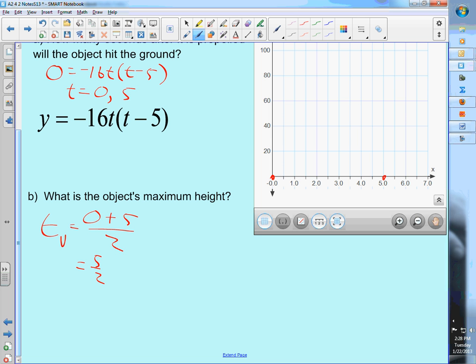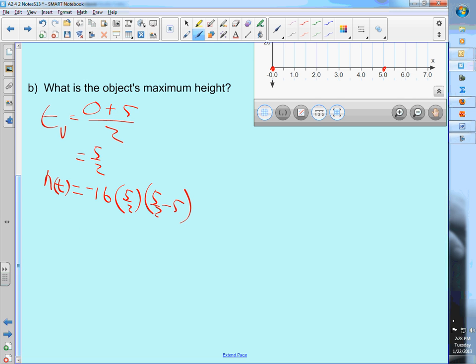How do I find out what the height will be when the time is 2.5? Plug in the 5 over 2 for t. So you're going to have h of t equals negative 16 times 5 over 2 times 5 over 2 minus 5. So negative 16 times negative 25 over 4 is going to be something, all right?